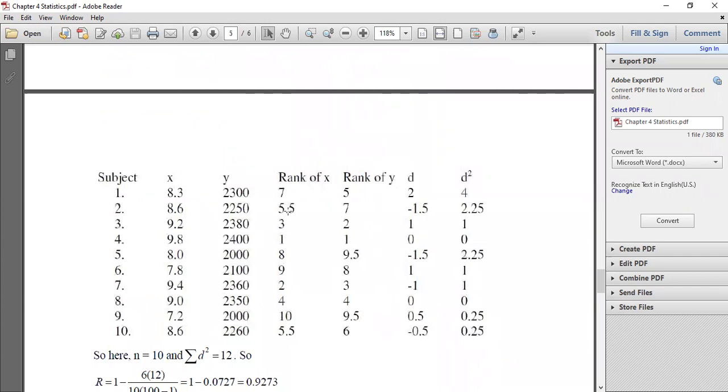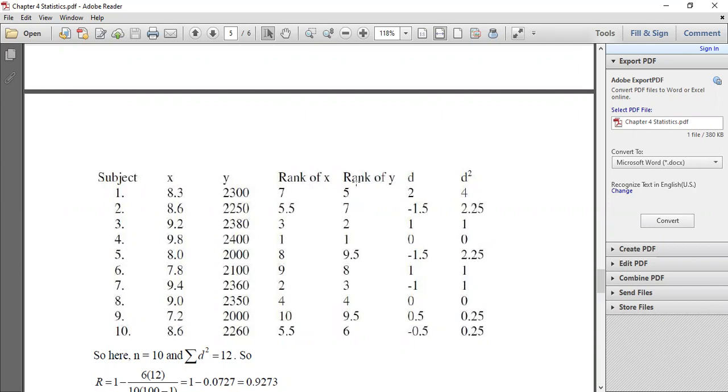Since we have the two ties, the next rank will be rank number 7. You can see we don't have a 6. Once you have a tie, we move to the next value, that is 7 now. So 8.3, then 8.0 takes rank 8, then 7.8 takes rank 9, and 7.2, the lowest, takes rank number 10.